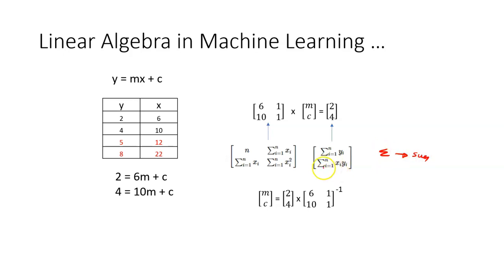When I say i equals 1 to n, it means if there are 4 elements, you add x1 y1 plus x2 y2 plus x3 y3 plus x4 y4. If I say sigma i equals 1 to 4 of xi yi, this means x1 y1 plus x2 y2 plus x3 y3 plus x4 y4.